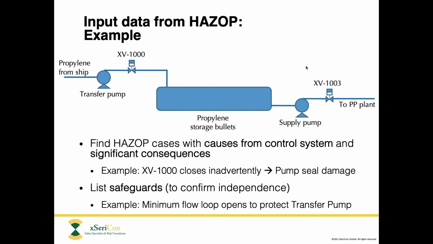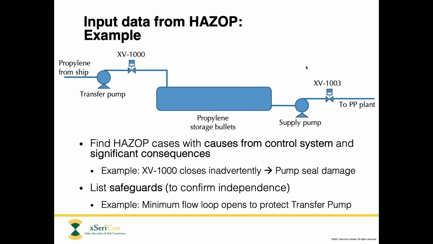So our preparation from the HAZOP will be to go through all the HAZOP worksheets and identify all those cases with significant consequences that could arise from control system malfunctions. That might sound like a daunting task, because you may think, oh, our HAZOP worksheet is 500 pages long.